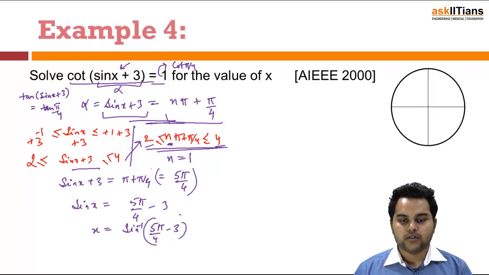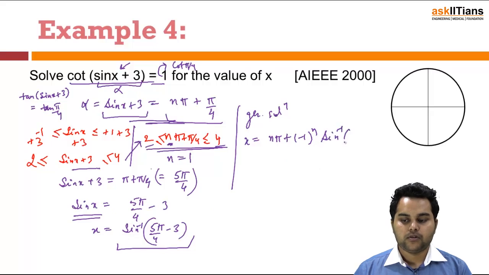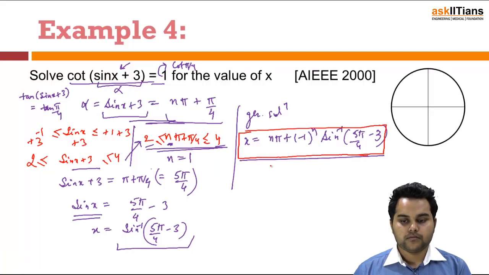Now for the general solution, as it was in terms of sine, I would get x as n pi plus (minus 1) raised to n alpha. Now here alpha is the base angle, that is sin inverse of (5 pi by 4 minus 3). This is the base angle.